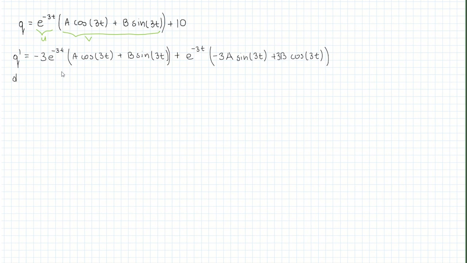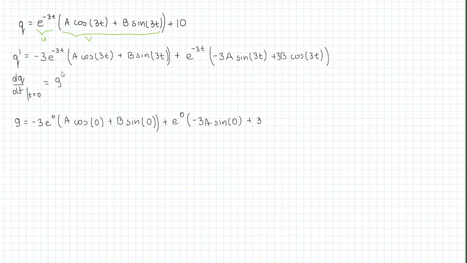I know that the derivative of q at time equals 0 is equal to 9. Therefore, I'm putting that inside my equation. 9 is equal to minus 3 times e to the power minus 3 times 0, which will be e to the power 0, times a cosine 3t, where t is 0, so cosine 0, plus b sine 0, plus e to the power 0 times minus 3a sine 0 plus 3b cosine 0.